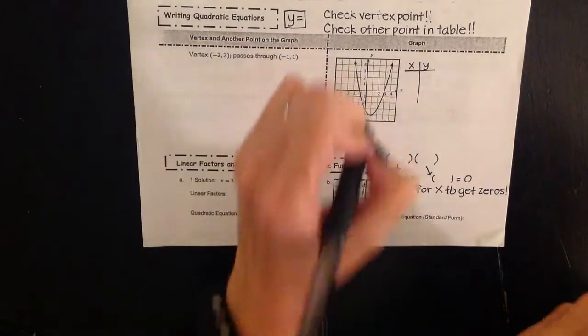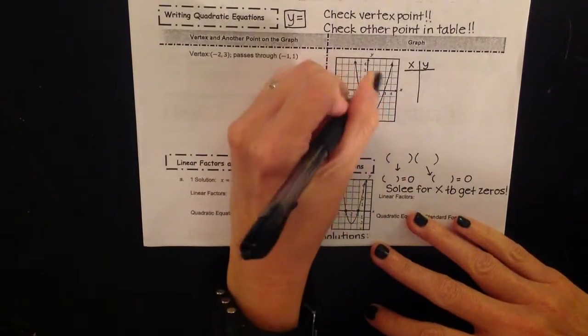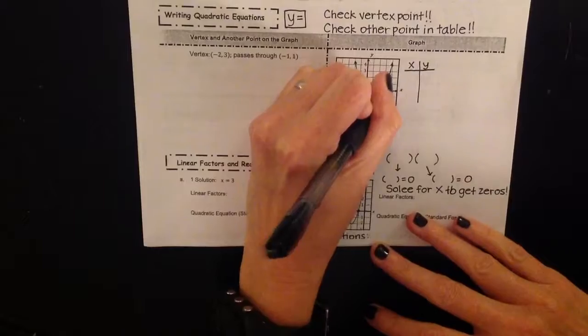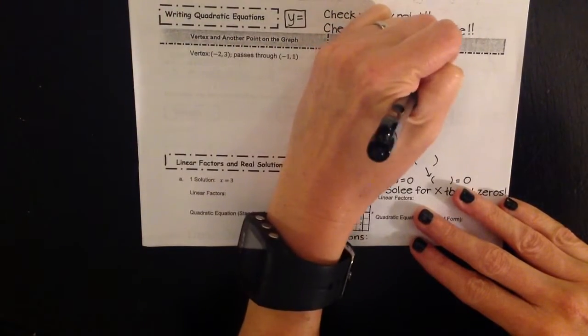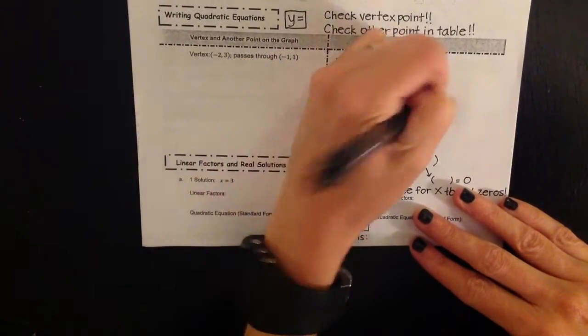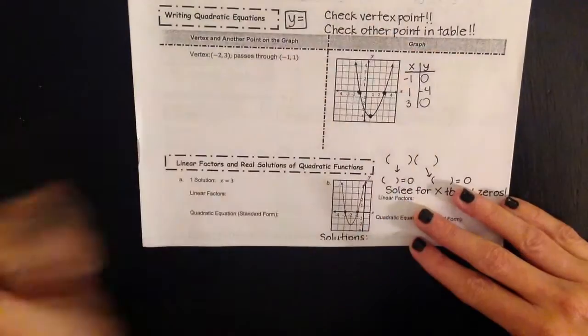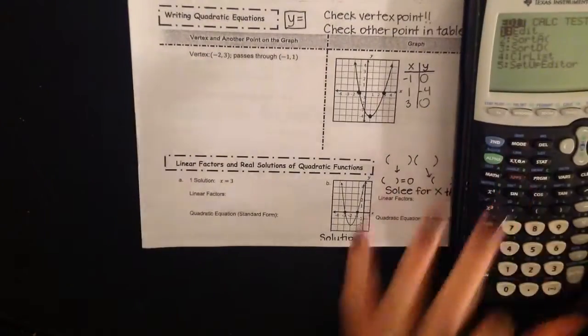If they give you a graph, here's what you can do. You can take 3 points. So negative 1, 0. I've got 1, negative 4. And then I've got 3, 0. Again, type these into your stat, enter.